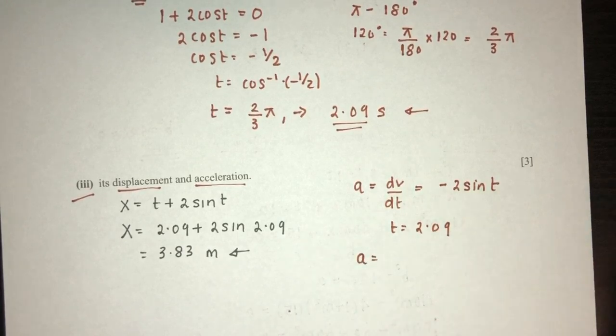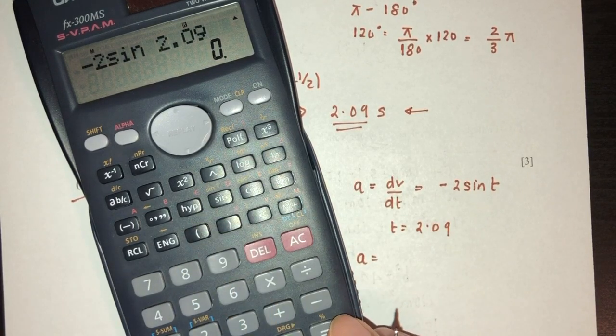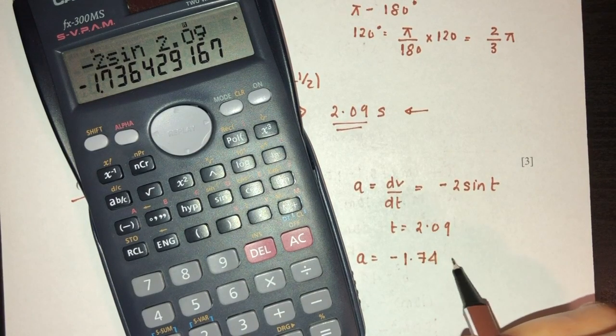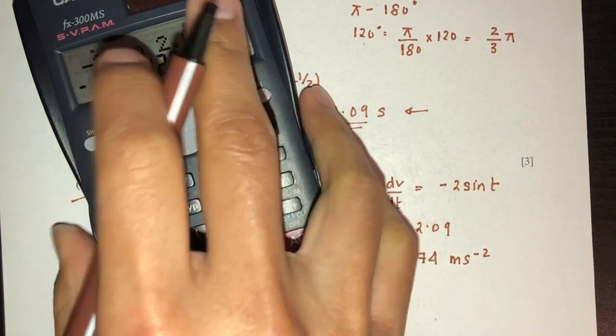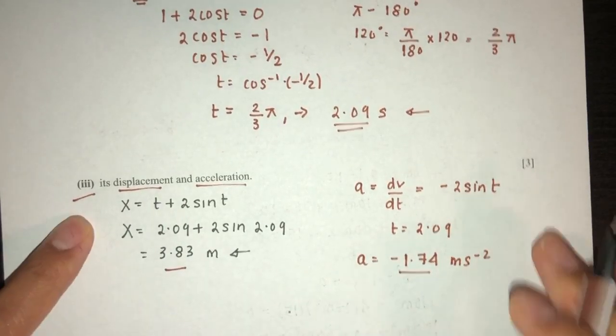So a is equal to minus 2 sine 2.09. That should give you minus 1.74 meters per second squared. So these are the two values that we need for part 3 of question 7. Now let's move on to question number 8.